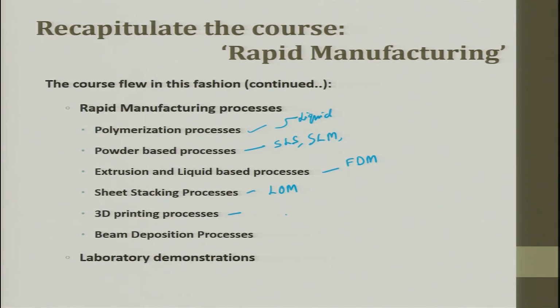Then 3D printing processes, wherein we saw how glue or additives could be used for joining powder parts to produce the output. And finally, we saw how to use laser as a heat source or E-beam as a heat source to get the output. In between, we also had in this course a lab demonstration for reverse engineering and 3D printing.